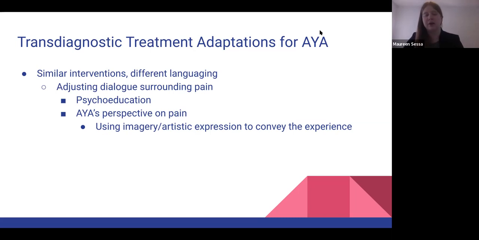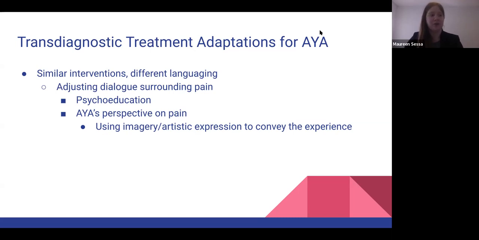Same deal with chronic pain and young adults. So our psychoeducation might be a little bit more focused on these social interrelational aspects of the human experience, because it's so prominent at this time of life, and how pain can play a role in that, and how somebody wants to interact with their pain in relation to social dynamics.